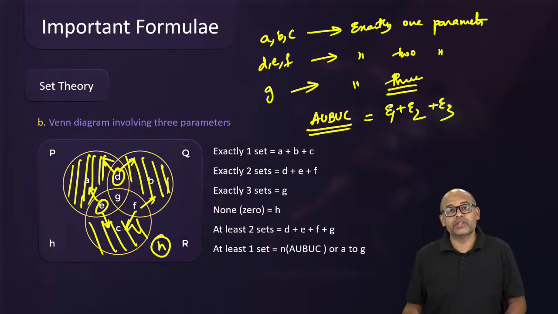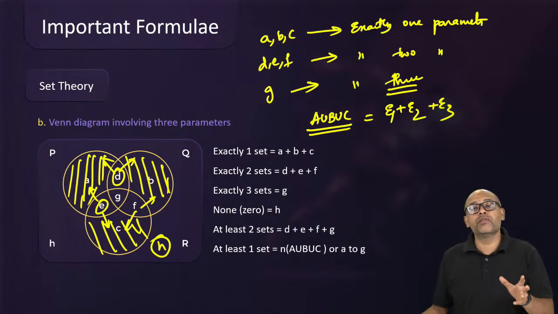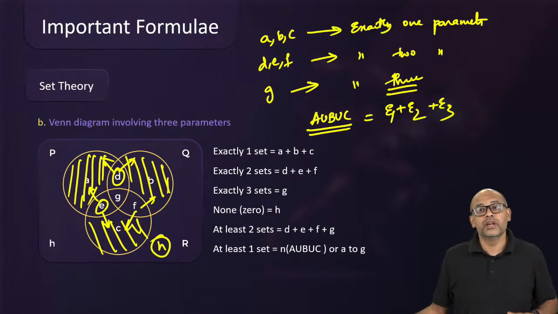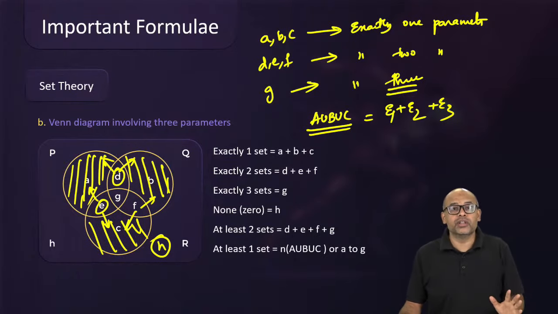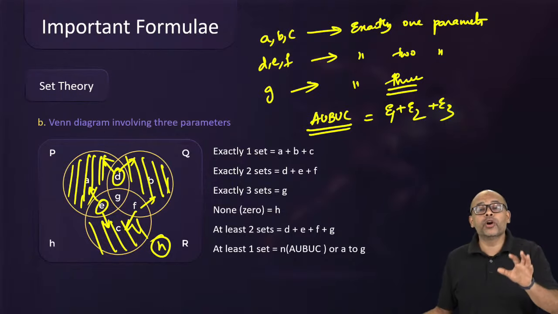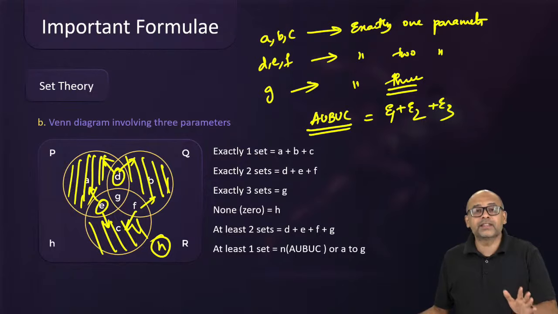Now, in the questions, they will not mention whether something is outside or not sometimes. The rule of thumb is very simple. Unless they mention that everybody belongs to the circles or everybody belongs to one of the categories, you will always take that there are some people who are outside the circles and we don't know that number.